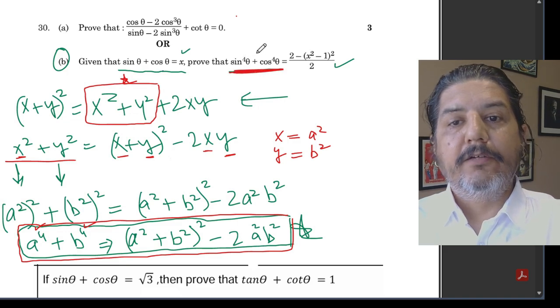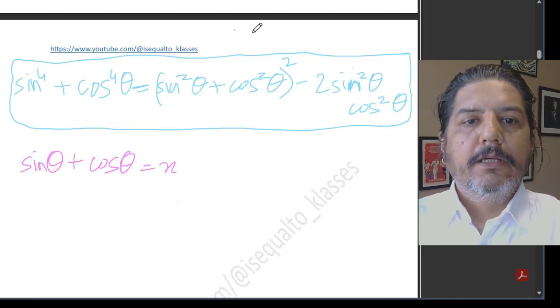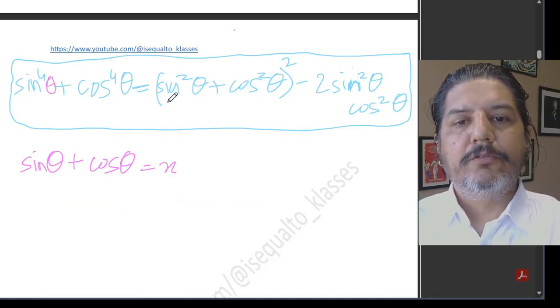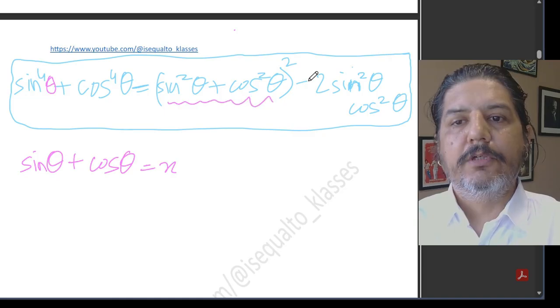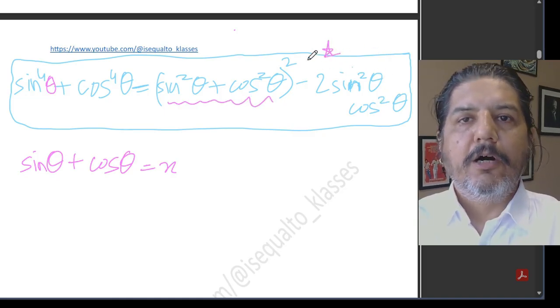Here it is written sin⁴θ plus cos⁴θ. So sin⁴θ plus cos⁴θ is equal to (sin²θ plus cos²θ) whole square minus 2 sin²θ cos²θ. Now, how did I get this result?